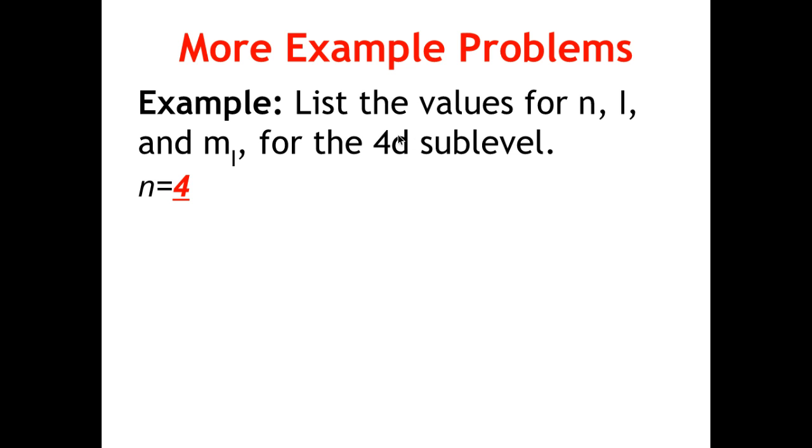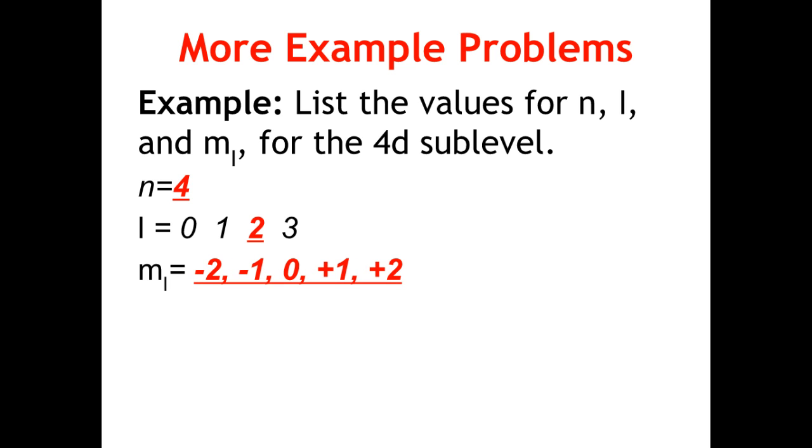Well, it's given to us, D. And if you recall, D is 2. 0 would be S, 1 would be P, 2 would be D, 3 would be F. It's that simple. If you know the shape, which is designated as D in this case, of the sublevel, well, we know the L number is 2. So now we have 2 parts of the mailing address. Let's keep going. What's ML?